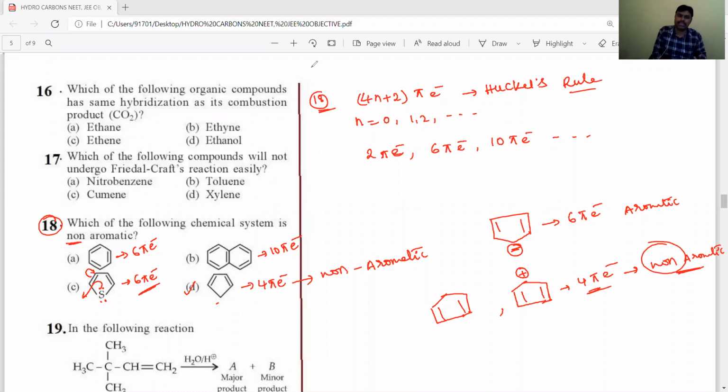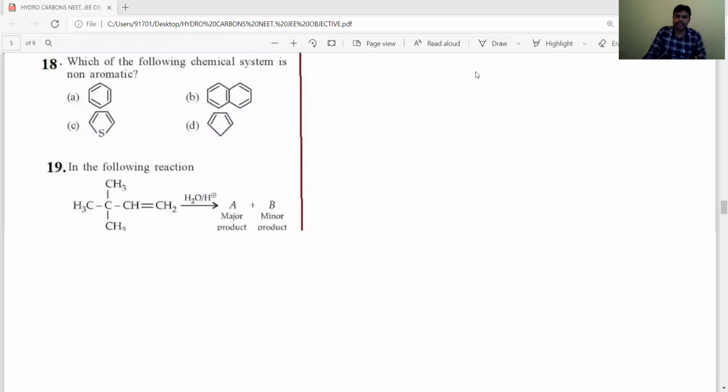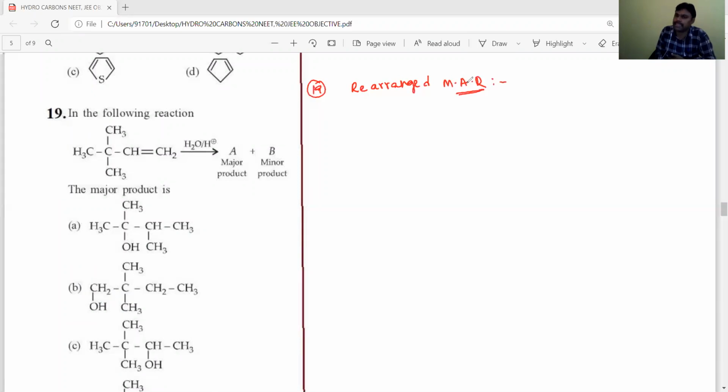Okay students, the 19th question is very important. This kind of question, this 19th question, is a rearranged Markovnikov addition reaction. These Markovnikov addition reactions are electrophilic addition reactions.